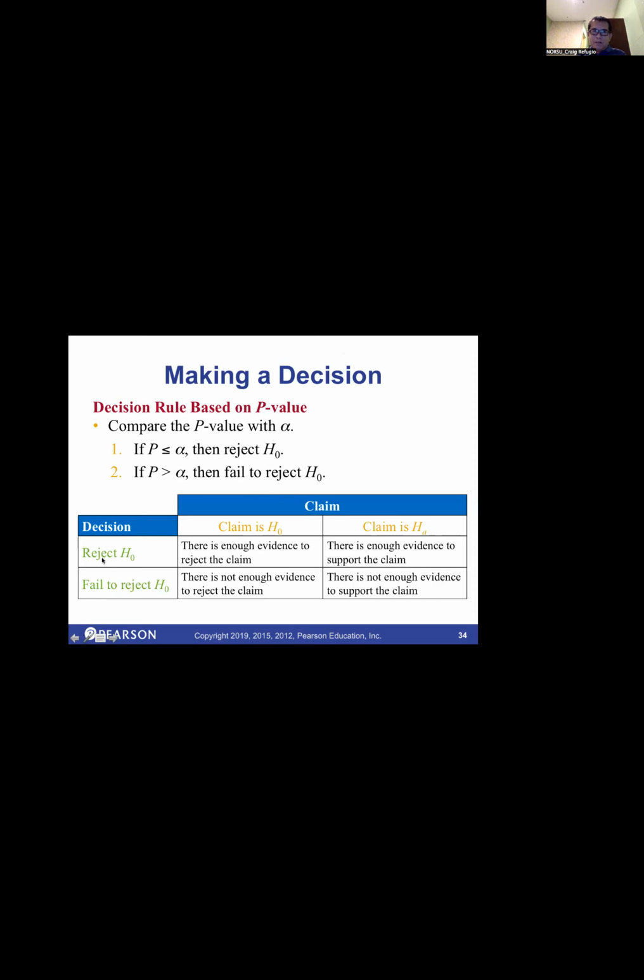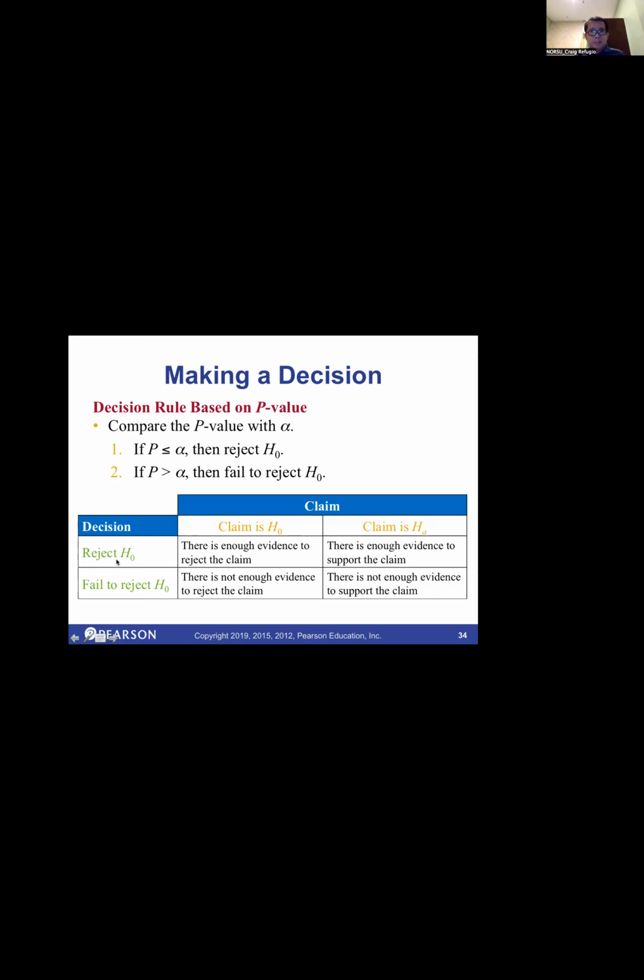And the first column is all about the decision. The other variation of fail to reject HO is do not reject HO. So if you reject HO and the claim is also HO, then your interpretation would be: there is enough evidence to reject the claim. That is the template to be repeated when you make the decision.